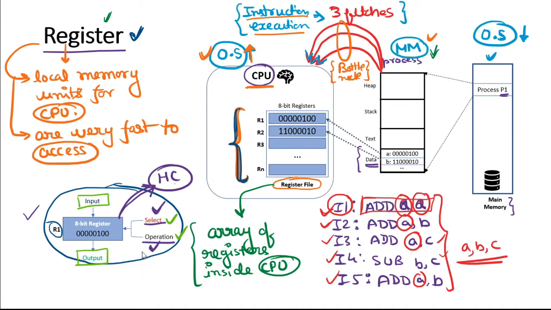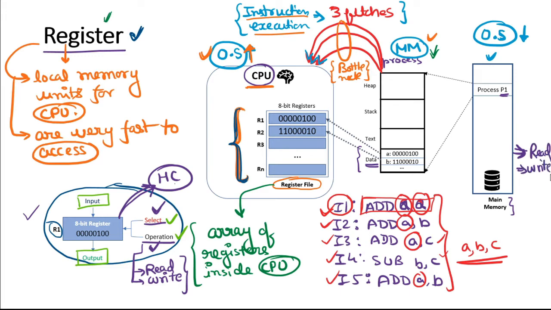So there are only two operations that a register can perform, that is read and write. We already discussed that main memory supports two types of operations: read and write.